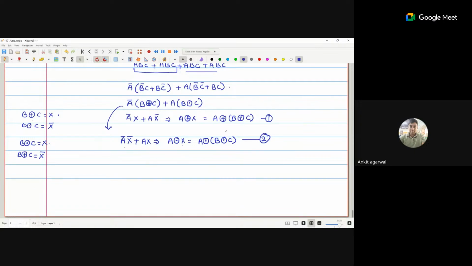So in this way, on the basis of how we solve it, it will be decided what the correct answer is.